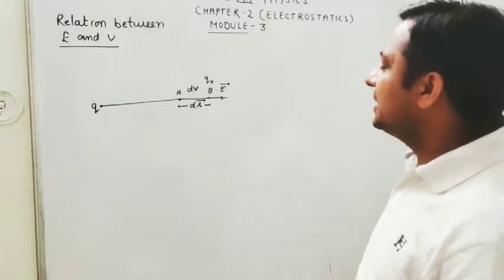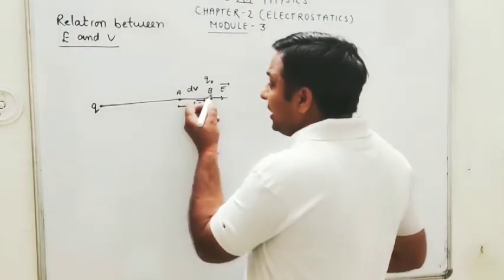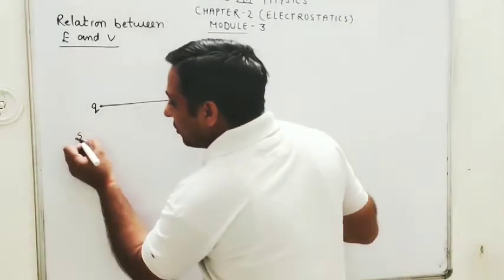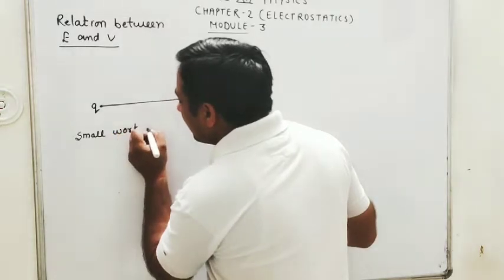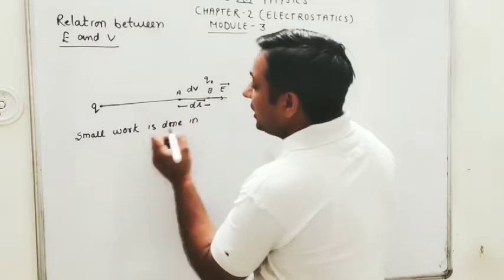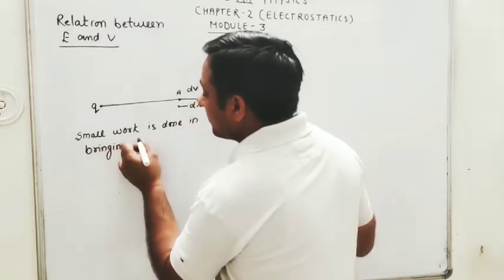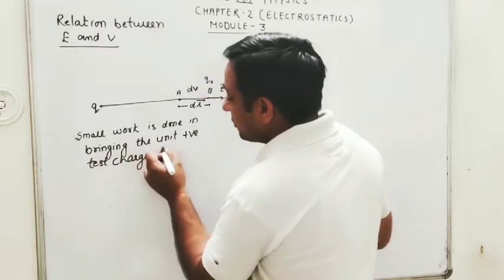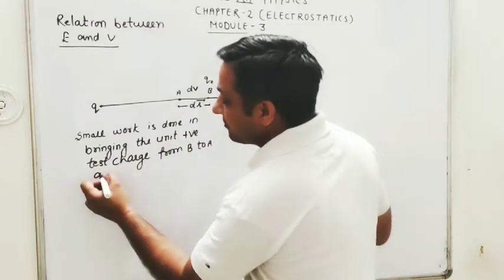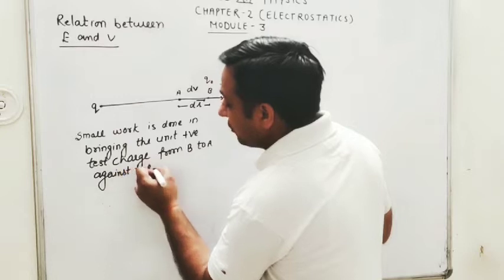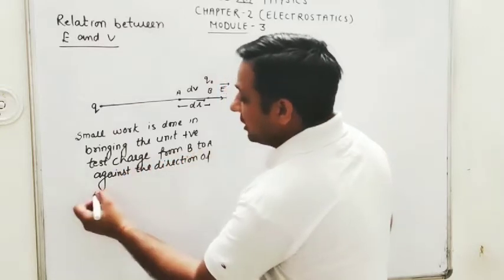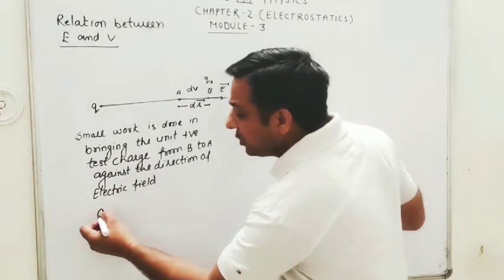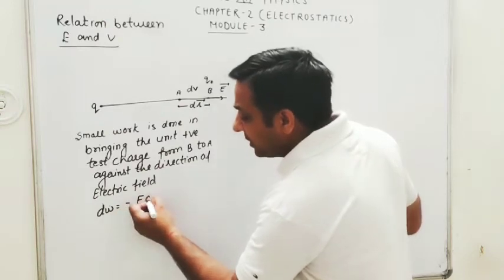So we have to bring the unit positive test charge Q naught from B to A. Small work is done in bringing the unit positive test charge from B to A against the direction of the electric field, and that is equal to dW is minus F into dr.